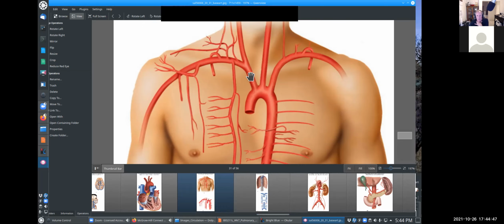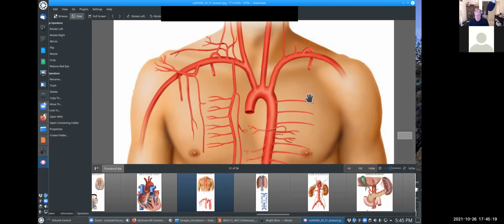But there's only three, right? So this can't be the subclavian alone. If this is subclavian carotid, what's this? The brachiocephalic trunk. There you go. You don't want to mislabel that. Common question.